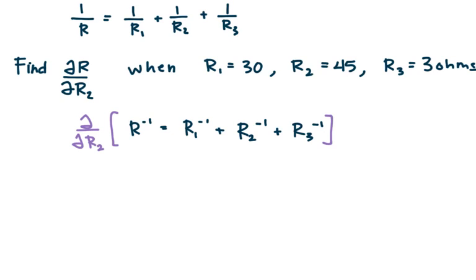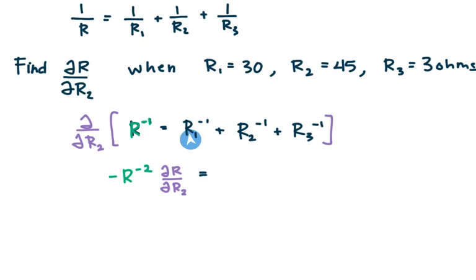So differentiating my dependent variable, R, that's going to be negative 1 R to the negative 2, or rather just negative R to the negative 2. Now I differentiated R, so I'm going to write partial R over partial R sub 2.